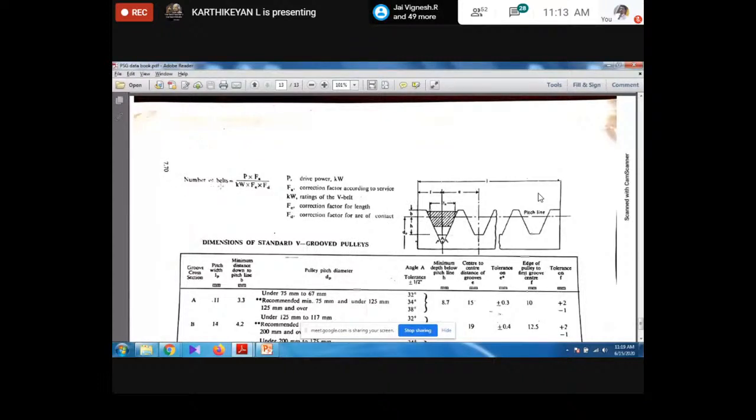Number of belts is equal to the given P into FA divided by kilowatt belt rating into FC into FD. Here P is the drive power which is given in the problem, and FA is the correction factor according to the service. Depending upon the specific application, we give a correction factor, service factor value, and KW is the kilowatt rating of the V belt. We can calculate it from the standard equation. And FC is the correction factor for length, and FD is the correction factor for the arc of contact.